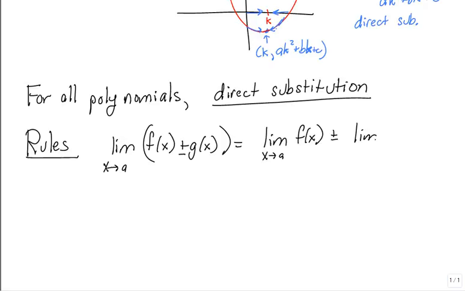These are all proven in the text. You're allowed to break them apart and take the limit of each one, as long as the limit of each one exists. As I go down the line, I'm assuming that these limits exist.